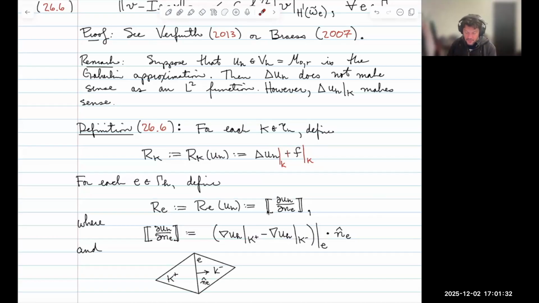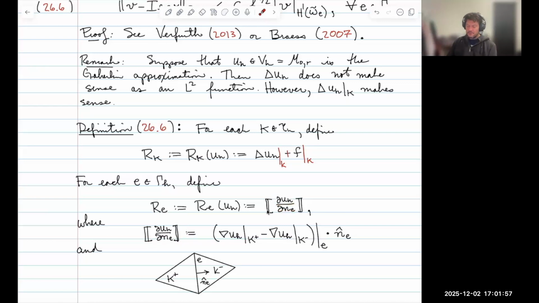Now, for every edge in the interior edge set, I'm also going to compute what's called a jump residual, or a derivative type residual. That is defined as this jump, which is standard notation, given right here. I need the jump in the normal derivative.